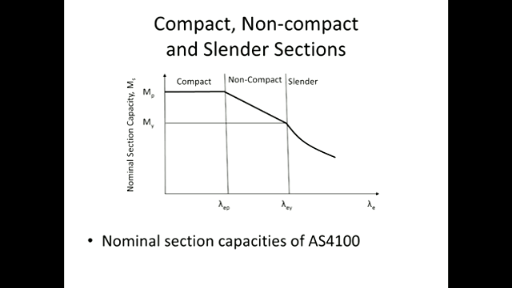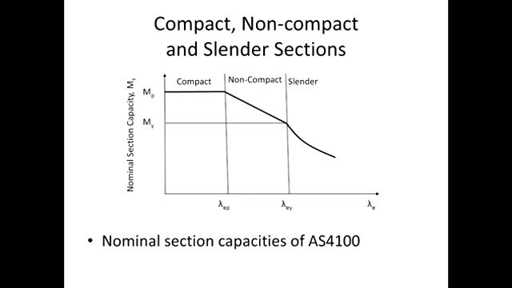So if we look at this graph, for example, we can see that if we have compact elements, we are able to reach MP. So our value of MS would be equal to MP, and as we move into the non-compact region, we are between MY and MP in terms of the section capacity.